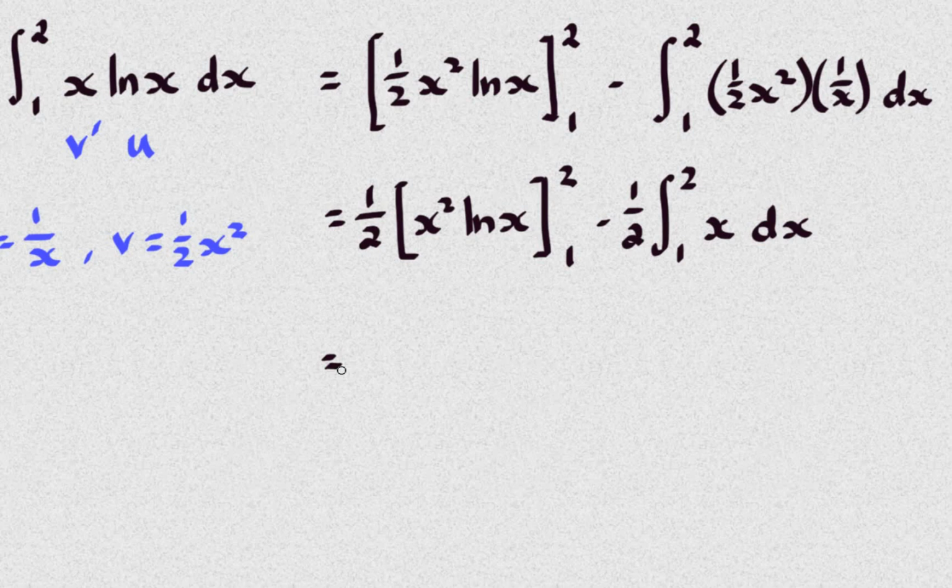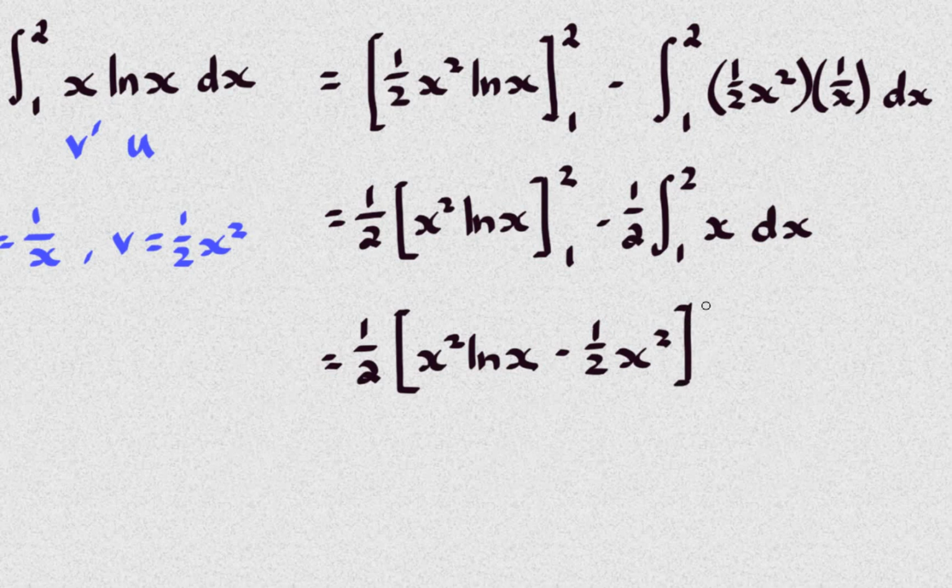Alright, so half is a common factor across the whole expression, so let's drag that out. We have our x squared ln x, and then when we integrate x, we get half x squared. So let's write that in here as well.